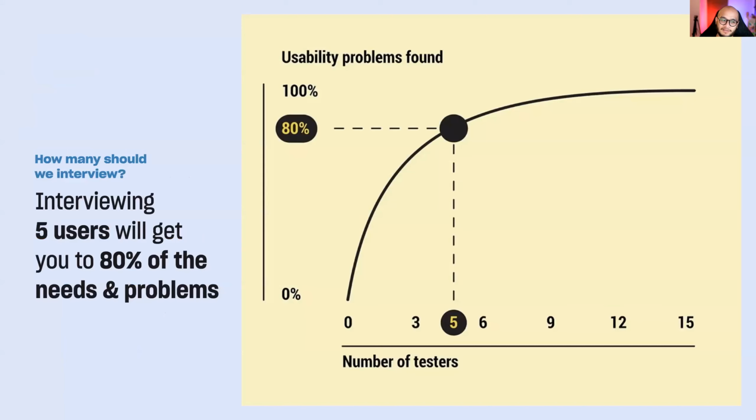A good rule of thumb is interviewing 5 users. If you could interview more, that could definitely be great. But this has been a controversial topic: how many should you really be interviewing? It gets you 80% of the way there. If you just talk to 5 users, or even one user, it gets you moving forward. Any more than one is great.